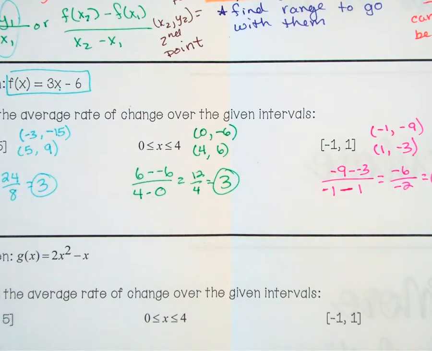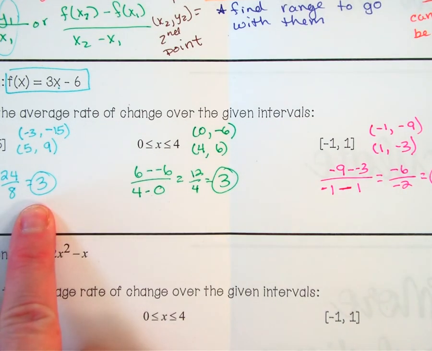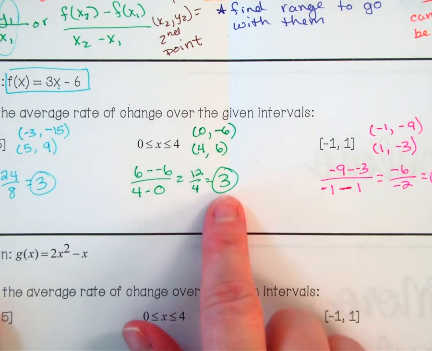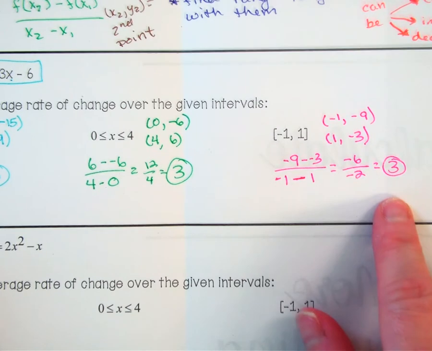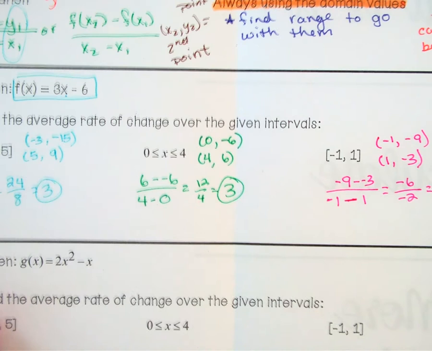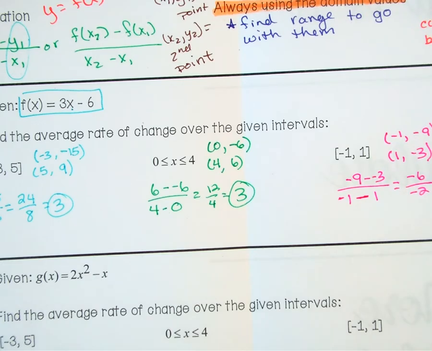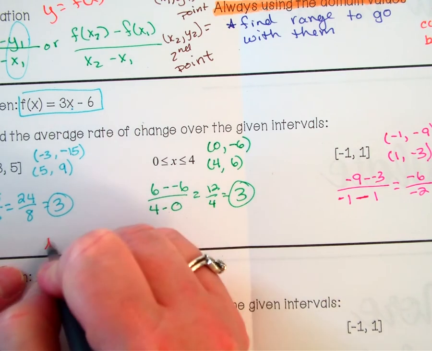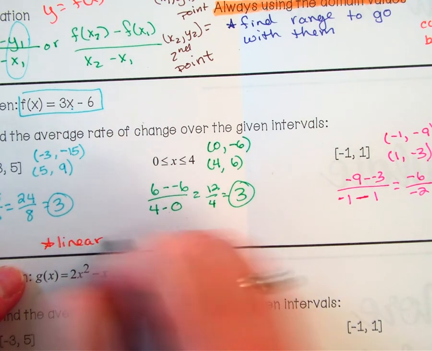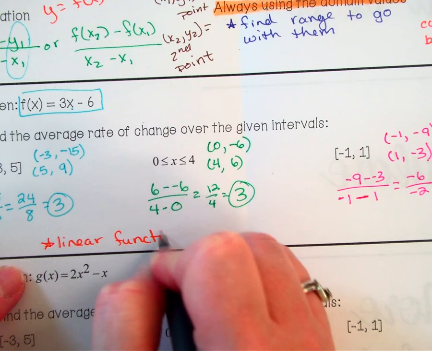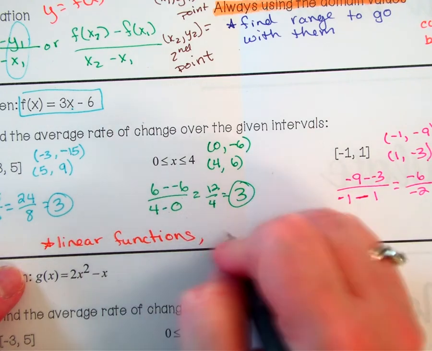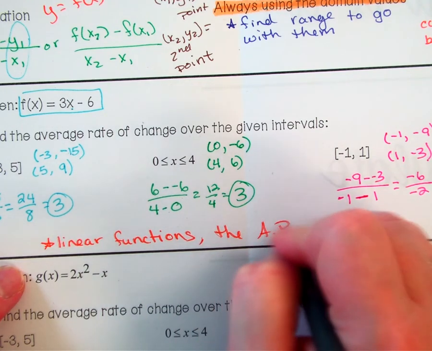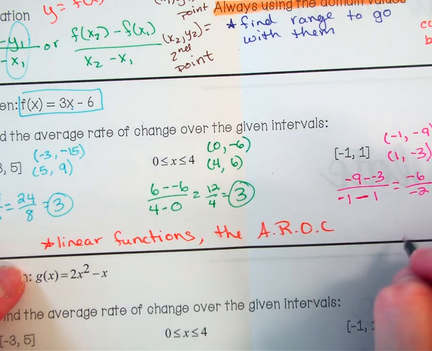So again, my average rate of change is 3. What this is saying is no matter what interval I looked at, -3 to 5, 0 to 4, or -1 to 1, my average rate of change is a 3. It is always a 3. So what that's saying is, for linear functions, the average rate of change is always constant.